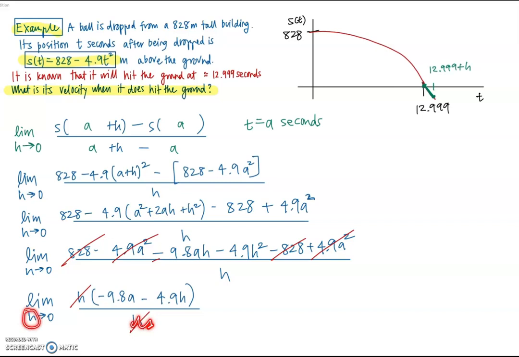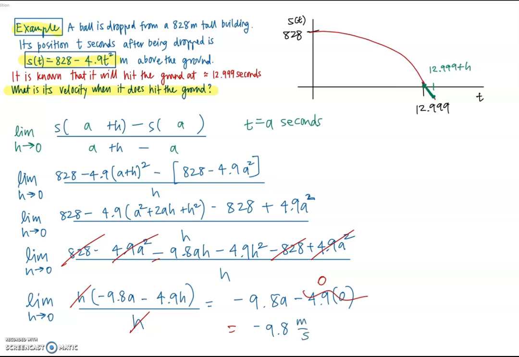We can just take h, and wherever there's an h, we can put a 0 in for it. So this will equal negative 9.8a minus 4.9 times 0, which becomes just 0 itself. And so in the end, the instantaneous velocity at time t equals a seconds will equal negative 9.8a. And the unit on this is meters per second.